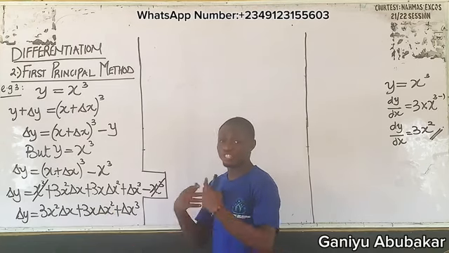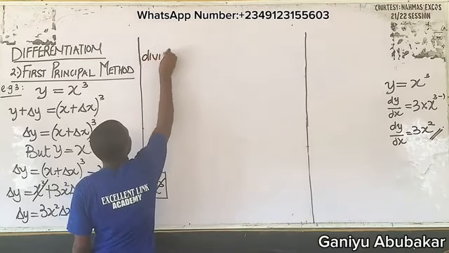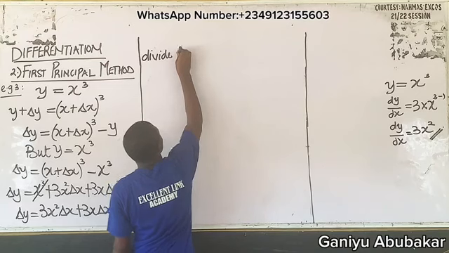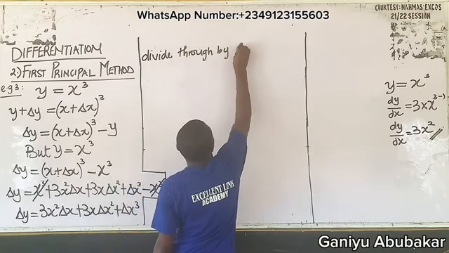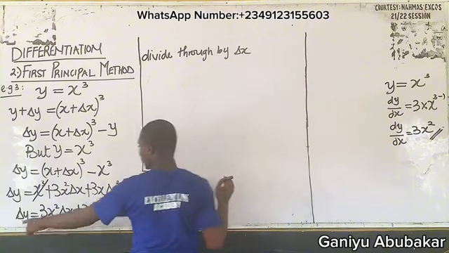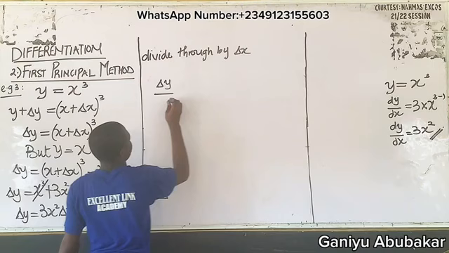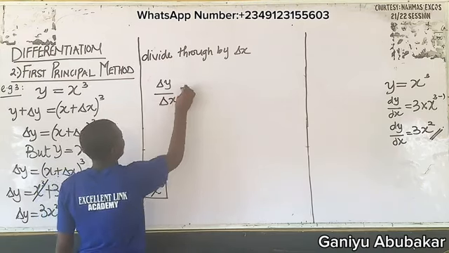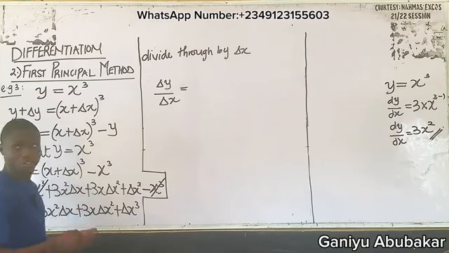Divide through by change in x. So I'll have change in y over change in x is equal to, pick the terms individually and divide them by change in x. That's the concept.